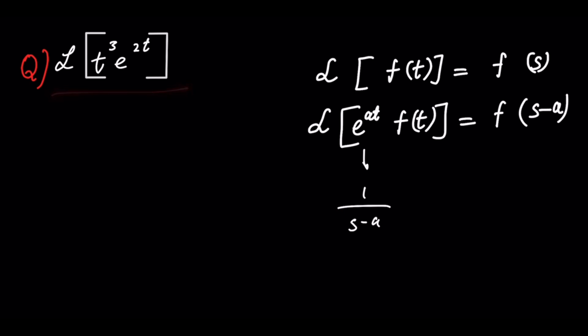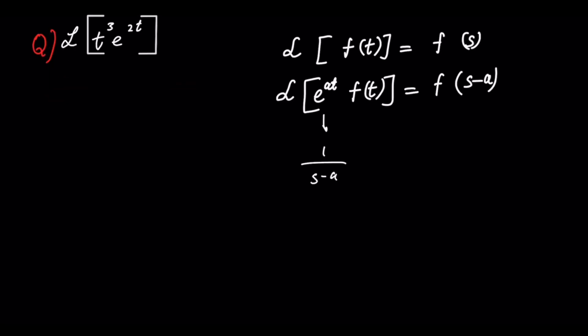Now let's complete this question. Now you can clearly see that when we compare these two, the e power at is equal to e power 2t, and f of t is equal to t cubed. So we are going to rewrite our Laplace transform like this.